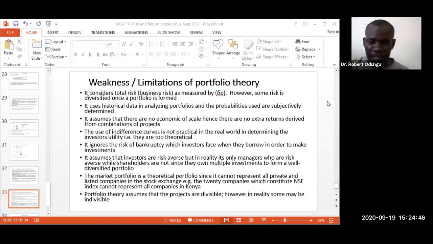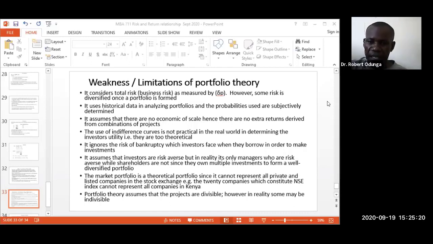So you find that these companies' performance becomes the index that can be applied across. But in the real sense, they are not the actual index. It could be more, it could be less, but this is just an indicator. So that's a weakness, because if everything was to be done, we would have looked at all companies, including the private ones operating within that economy, to come up with the performance index.